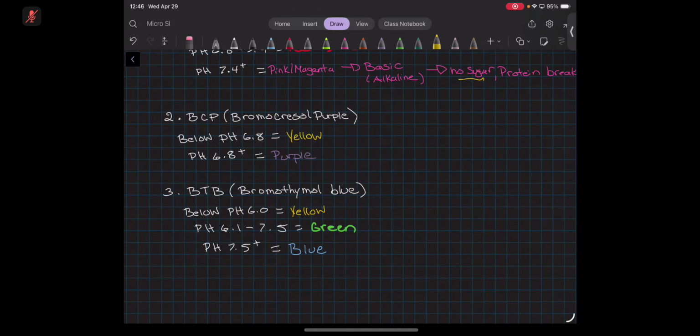So BCP. All right, yellow, what does that mean? Acidic, very good. What did it ferment or no? What did it ferment? Which sugar? Which one?